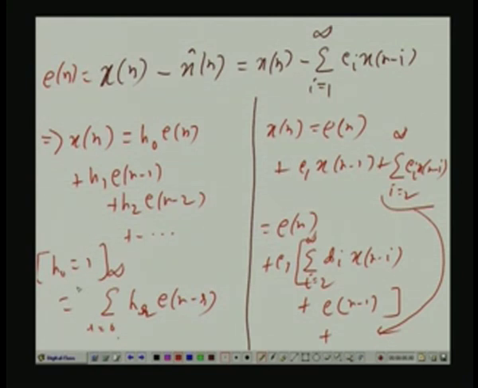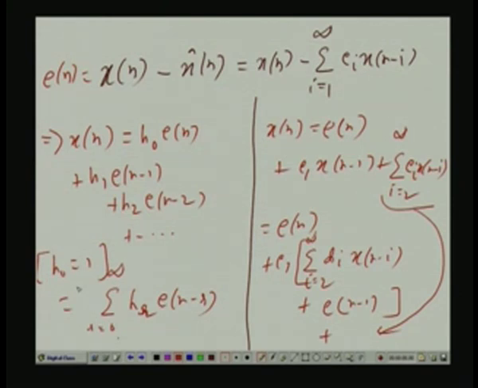Only thing is, you see E n we have seen is orthogonal, that is uncorrelated to all the past of x n. Therefore, E n is orthogonal to x n, x n minus 1, x n minus 2, and so on. Therefore, E n is also orthogonal to E n minus 1, because what is E n minus 1? E n minus 1 is an error between x n minus 1 and its past prediction.